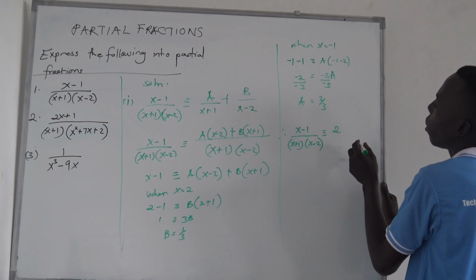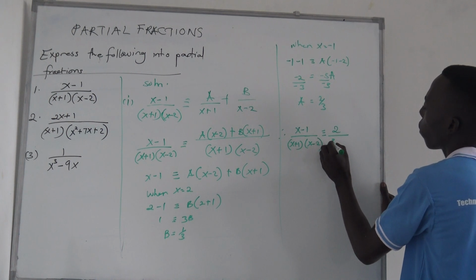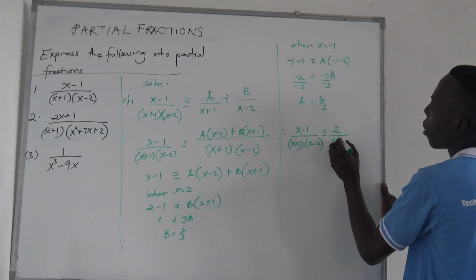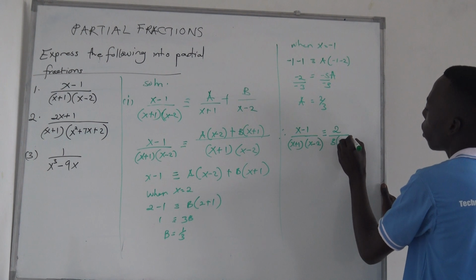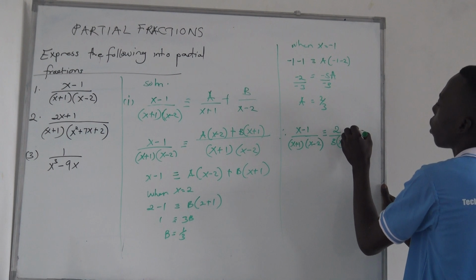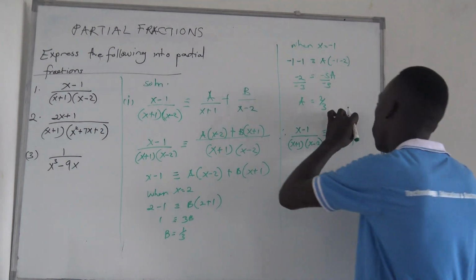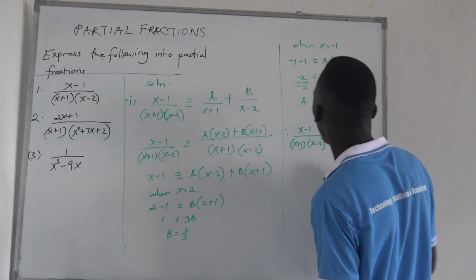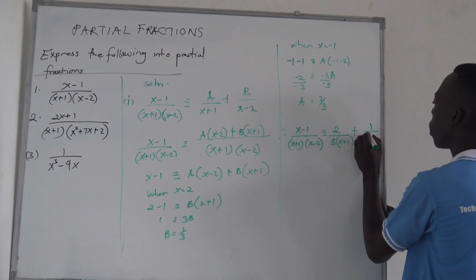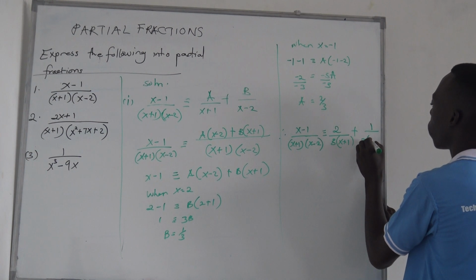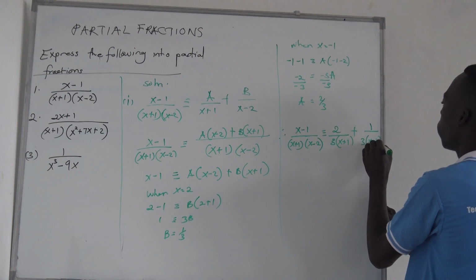So you're going to apply the 2 up, then the 3 becomes down, so x plus 1. Then again here plus, so since it is a plus, you also put a plus. The value of B, which is up it is 1 and down it is 3 into x minus 2.